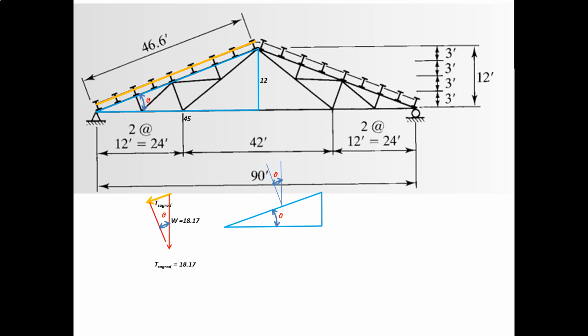So therefore, T sag rod is equal to 18.17 as the hypotenuse multiplied by the sine function, wherein sine of theta is equal to 12 over 46.6. 12 is actually the opposite of theta, and 46.6 is the inclined distance, which is the hypotenuse of your slope.